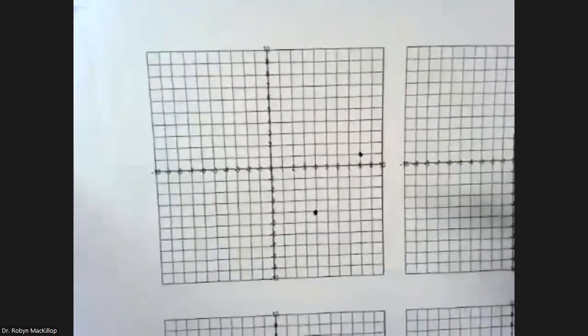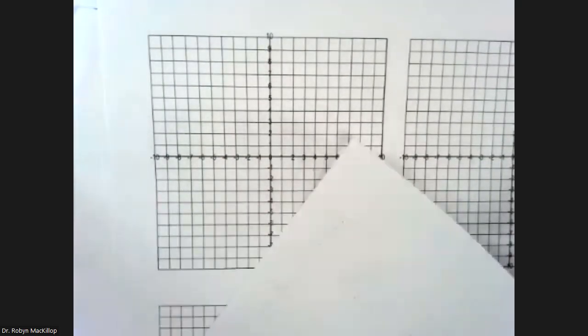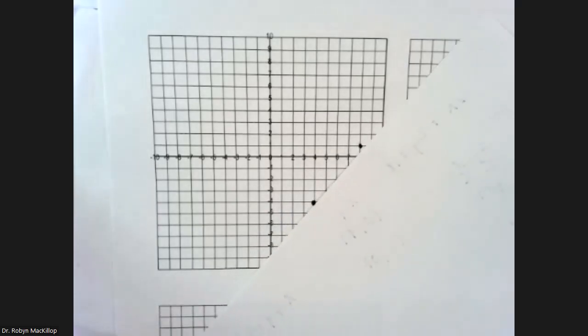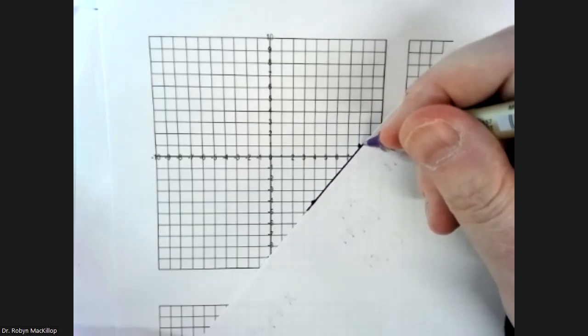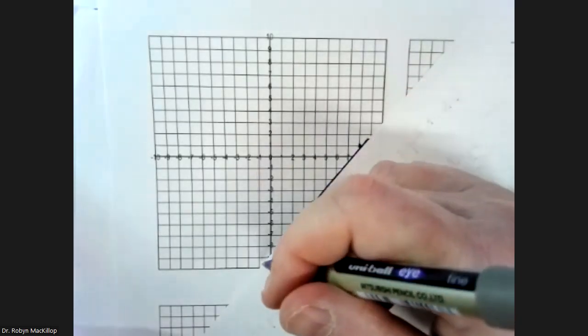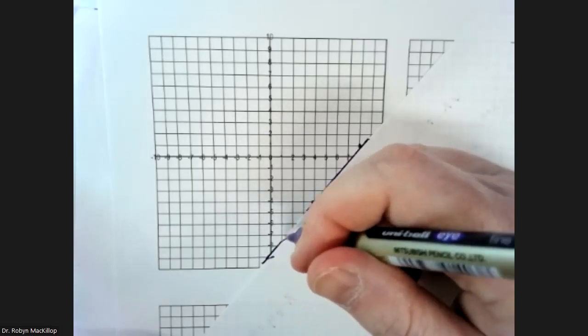And now let's count the spaces in between the boxes. Let me draw the line. And when you do draw lines, you won't have to on the test because they don't have the mechanism for it.